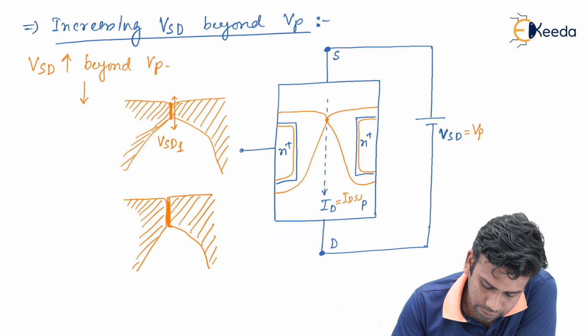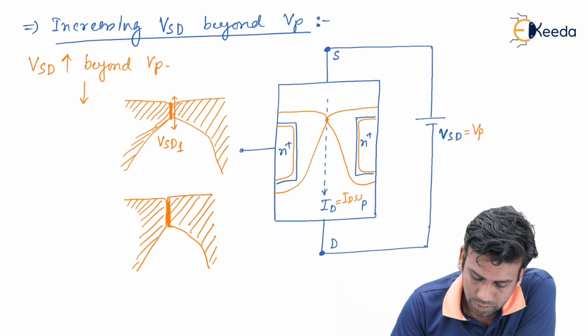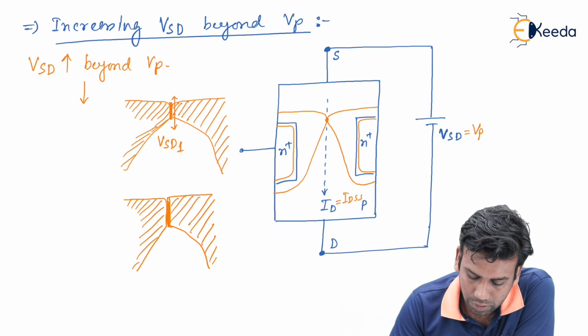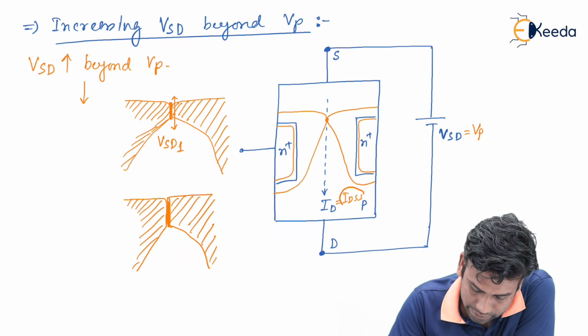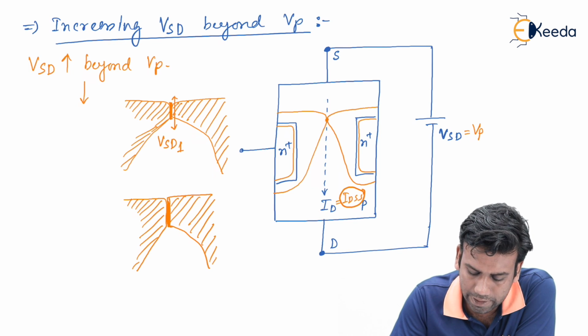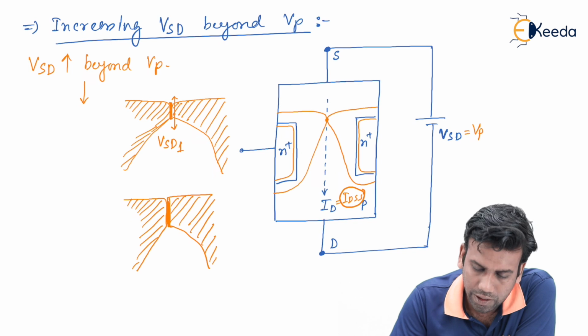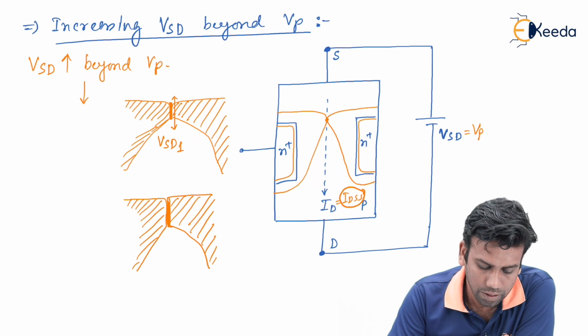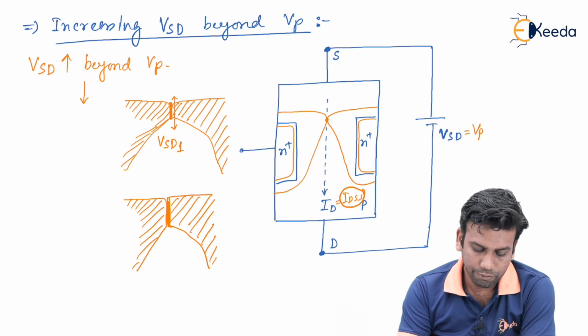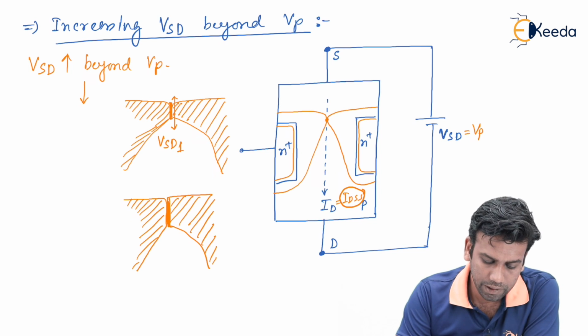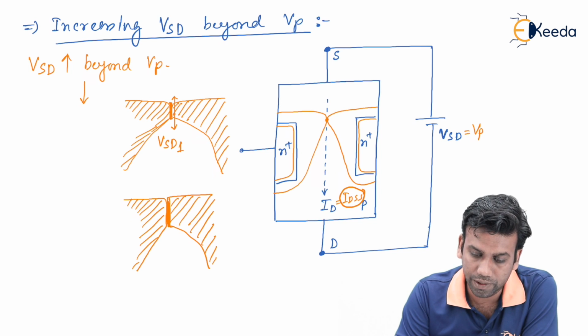But the current ID through the channel will always remain IDSS in this condition. The current will not change, it will be saturated. So, this is the case when VSD is increased beyond the Vp.